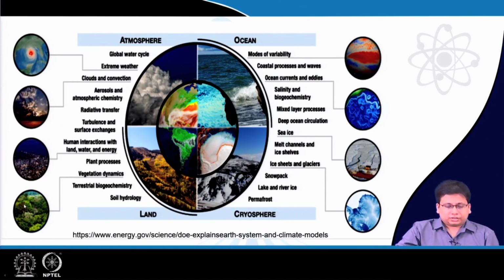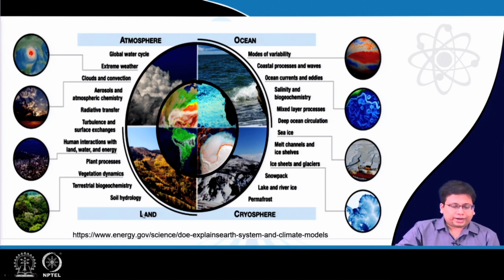The US Energy Department has brought out this cartoon. It shows different sets, or we can say different families, of Earth system models. For the atmosphere we have the global water model, extreme weather model, clouds and convection model, aerosol models and so on.